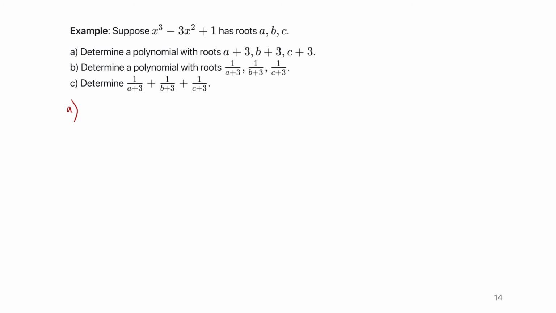Any idea? And so what's the difference between a, b, and c, and a plus 3, b plus 3, and c plus 3? What's the difference? Think about this visually.